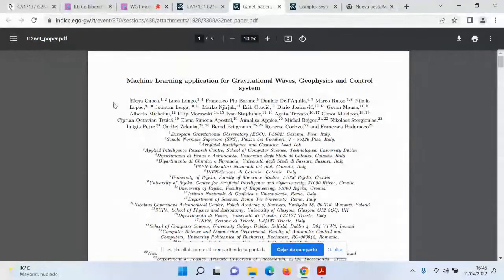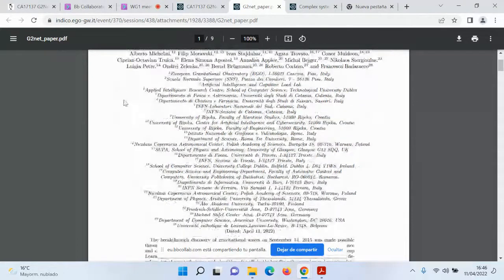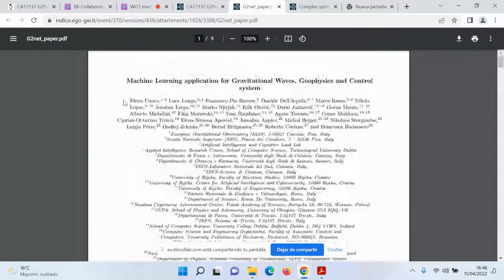Okay. So I'm sharing the PDF of what I took today from the Overleaf. This is a document that is very much in progress. We already have a review paper that reviewed the applications of machine learning to gravitational wave astronomy, led by Elena and written in 2020.